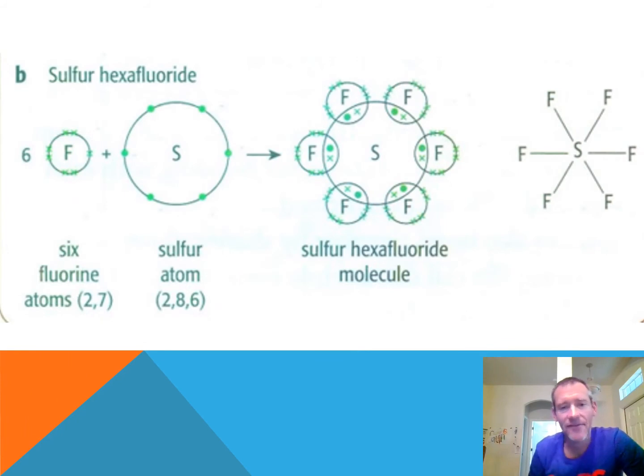Sulfur has 6 valence electrons, so since it can be an electron expander, it can have 6 bonding sites. In this case, sulfur hexafluoride, which you have to say in a deep voice, because it changes your voice like Darth Vader.